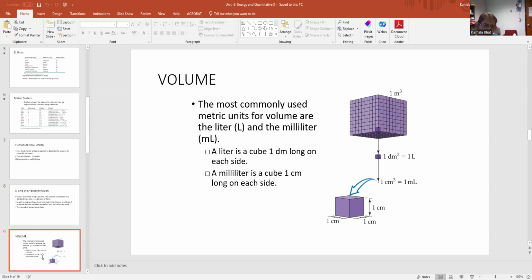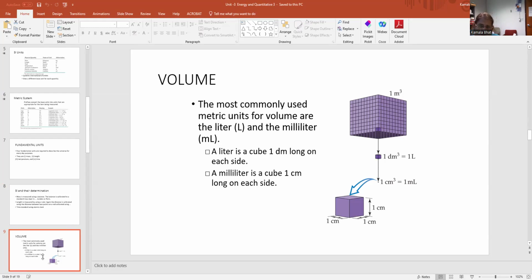One other unit that one needs to know is the unit of capacity, which is called volume. The most commonly used metric units for volume are the liter and the milliliter. A liter is a cube 1 decimeter long on each side.